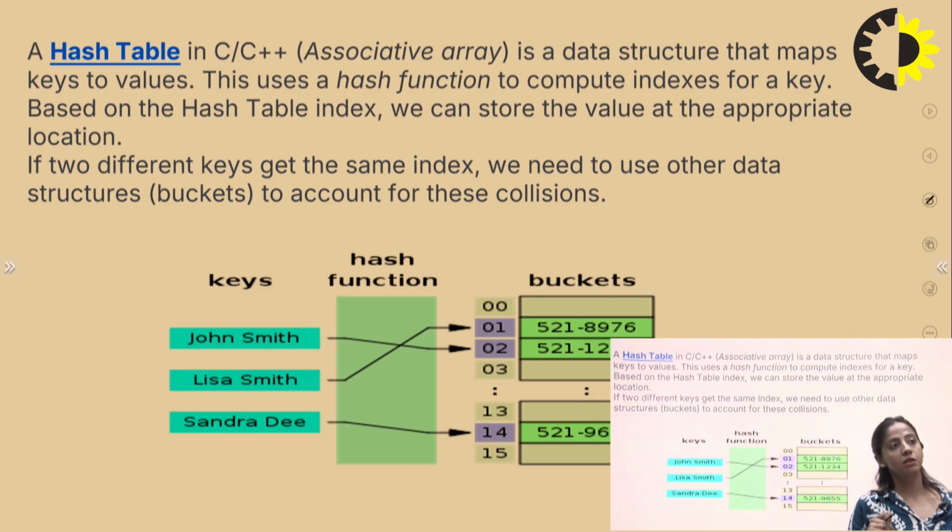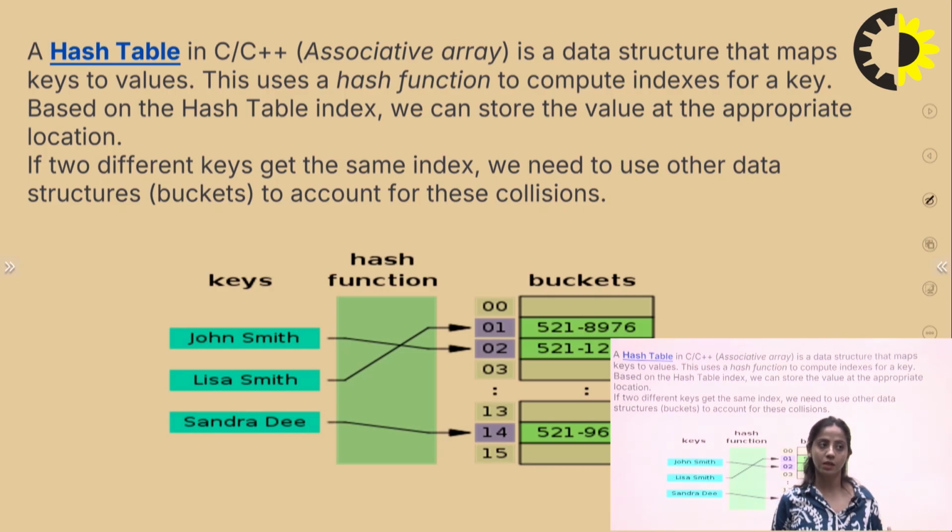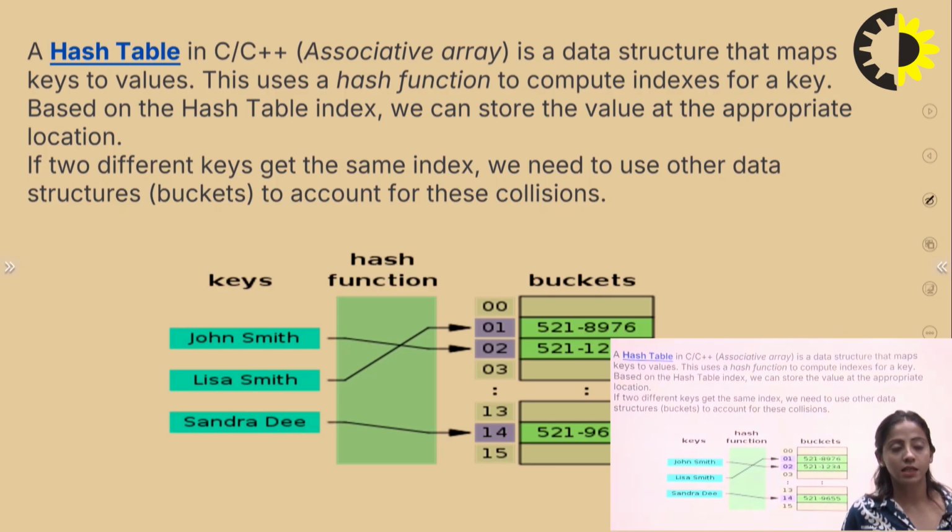Now a hash table in C or C++, which is an associative array, is a data structure that maps keys to values. It uses a hash function to compute indexes for a key. Based on the hash table index, we can store the value at the appropriate location. If two different keys get the same index, we need to use another data structure's buckets to account for these collisions.